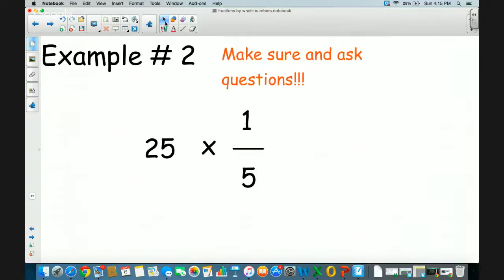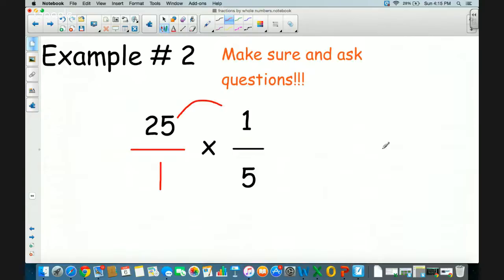If you said 1, you are correct. Always a 1 underneath all whole numbers. 25 times 1 is 25. And 1 times 5 is 5.